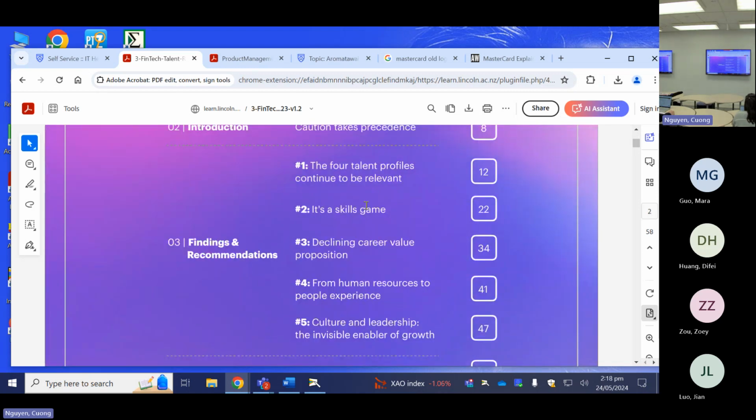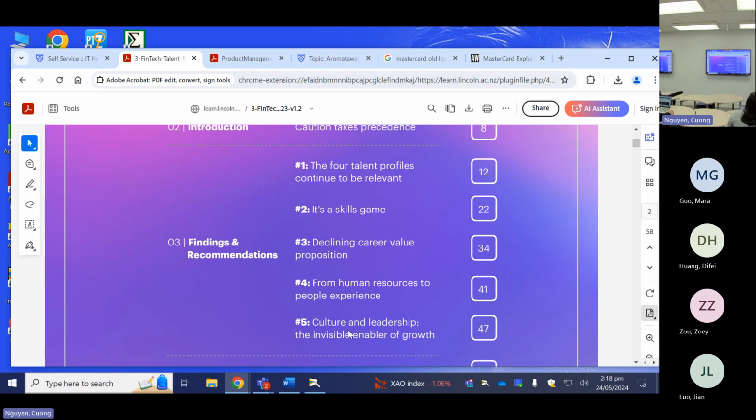Skills, what kind of skills you need to have in order to be employable in the fintech industry, whether or not software developers have a room in the fintech industry, or whether or not the decline of career value proposition in 2023 has any impact on the career perspective of fintechs in 2024, and so on and so forth.